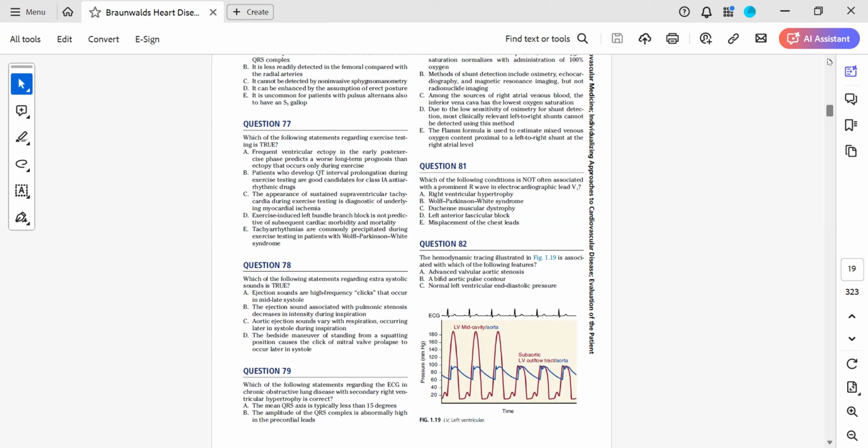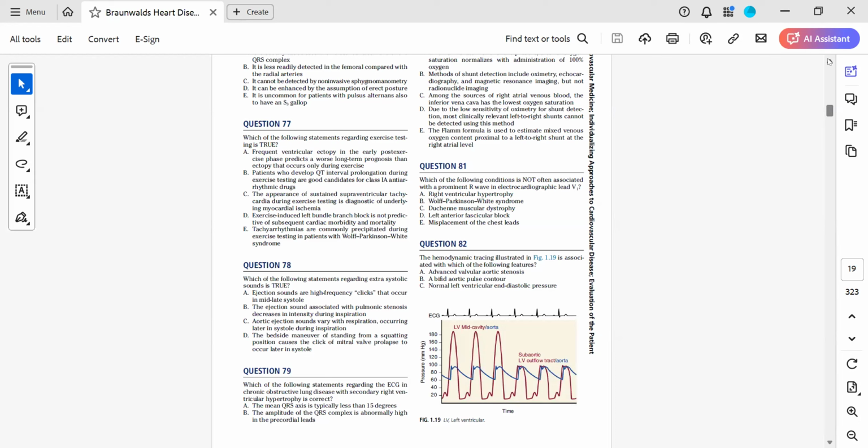Then you have what are called RS complexes, a small r and a large S, in the inferior leads, that's 2, 3, aVF. And then small Q and R complexes, a little q and R. So the dominant R wave for left anterior fascicular block will be seen in lead 1 and aVL, and not in V1.